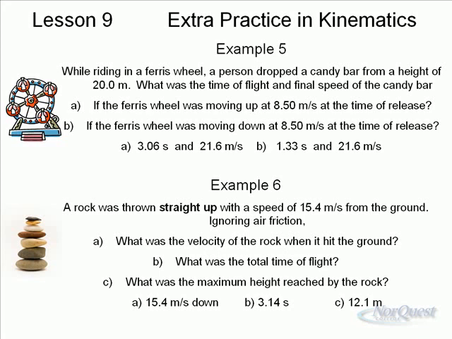Now what about calculating the time of flight? Well, now that we know that the initial and final velocities are 15.4 positive and negative, and acceleration is 9.81, time of flight is quite basic. So the initial velocity is 15.4 meters per second, acceleration is negative 9.81 meters per second squared, and we have argued that the final velocity is negative 15.4 meters per second.